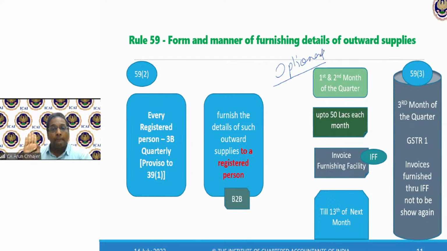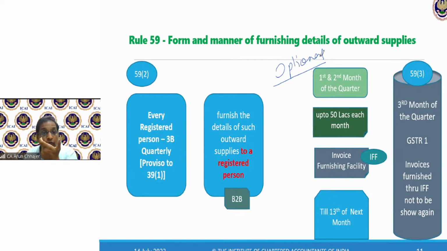Correct? But there is a facility, an option given to me, if I would like to furnish my outward supply, which is only B2B, for M1 and M2.